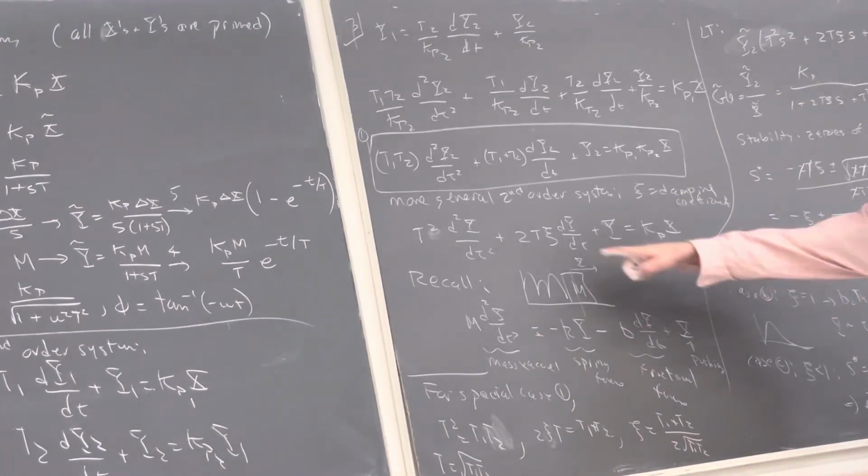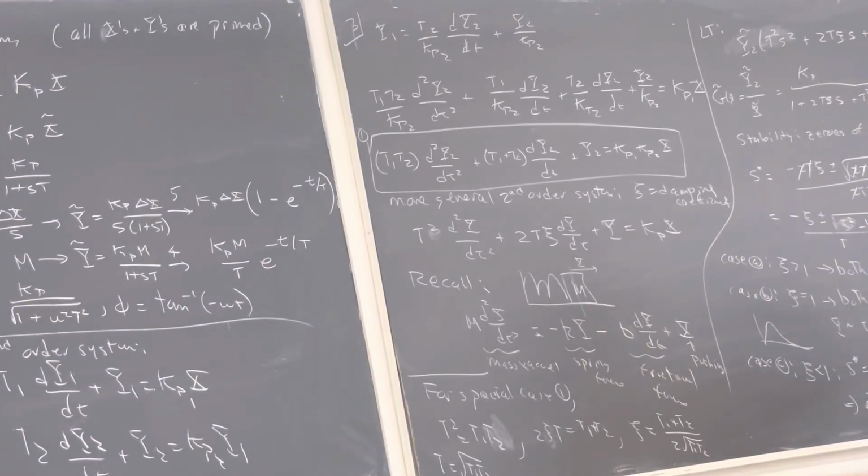When xc is large, that's effectively what happens. But when xc is small, and this would be the case with t1 equal to t2 in the upper one, but here we also allow xc to be small, then we can get oscillatory behavior. We can get a system that's underdamped.